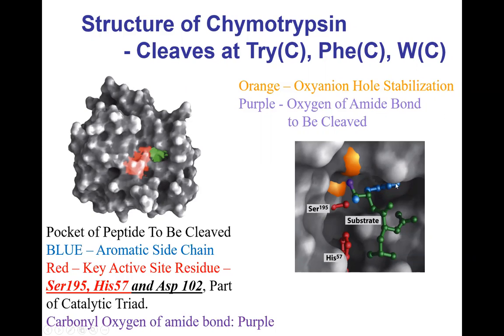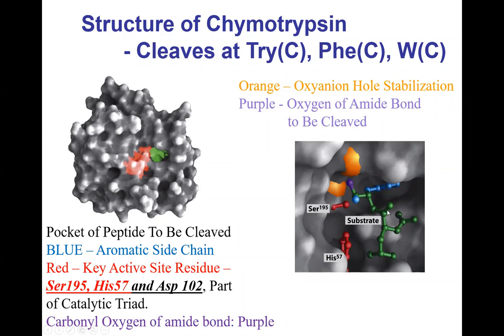Here in blue, not in green, is the aromatic side chain. It can come from tyrosine, pardon my wrong spelling here, it should be TYR, not TRY, or any of the aromatic side chains. You can see that there is a groove where these aromatic side chains go and bind.